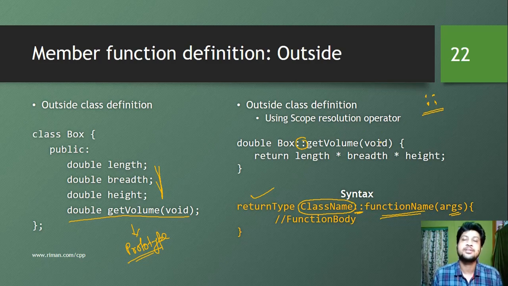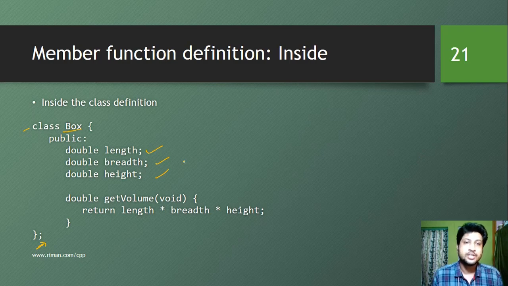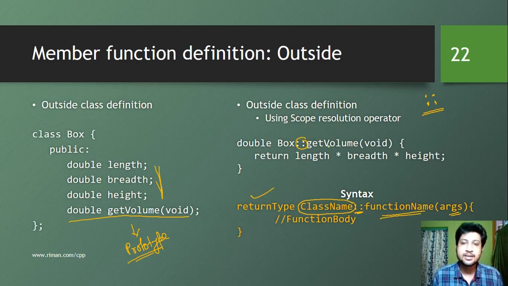In this case the argument list is empty, and it will return length multiplied by breadth multiplied by height. Inside the class, the body contains the same thing: return length multiplied by breadth multiplied by height. Whereas this is the function definition outside the class, and it uses the same technique.